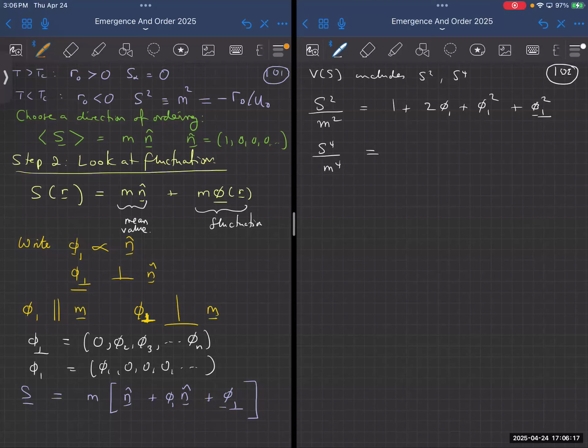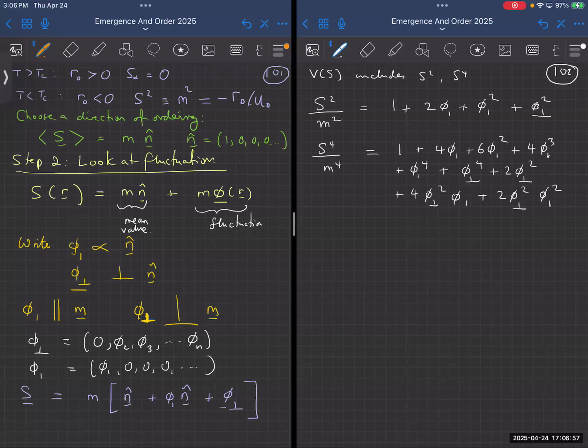a whole bunch of terms. Let me write them all out for you, but it's easy for you to check them. It's 1 plus 4 phi 1 plus 6 phi 1 squared plus 4 phi 1 cubed plus phi 1 to the fourth plus phi perpendicular to the fourth plus 2 phi perpendicular squared plus 4 phi perpendicular squared phi 1 plus 2 phi perpendicular squared phi 1 squared.